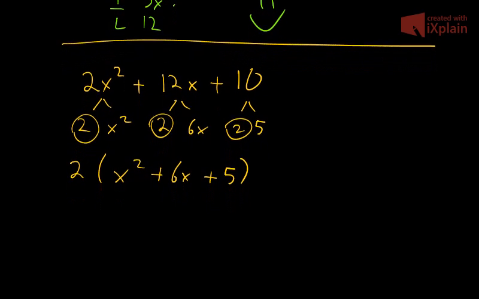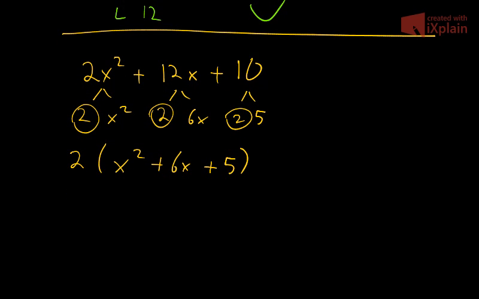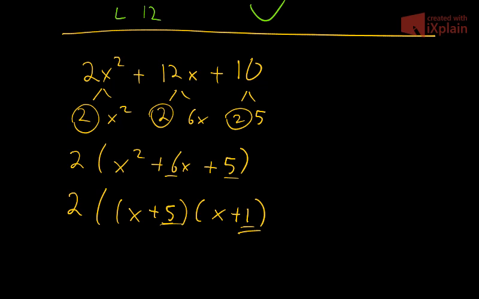And now I need numbers that are going to add to 6, multiply to 5. That's going to give me x plus 5 and x plus 1. And the reason that works is 5 times 1 is 5, and 5 plus 1 is 6. So all I did there was I factored out the number in front of my x squared, and by doing that I had a trinomial here where there was no number in front of the x squared.